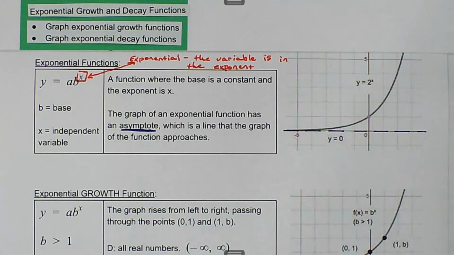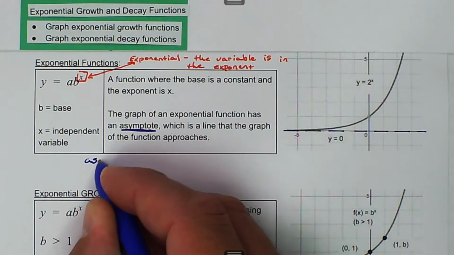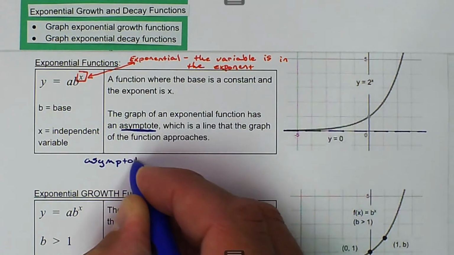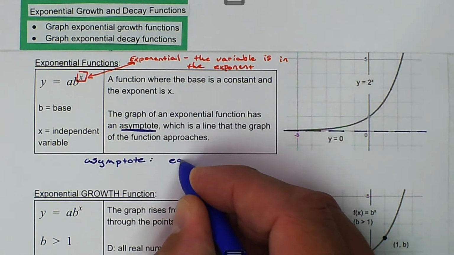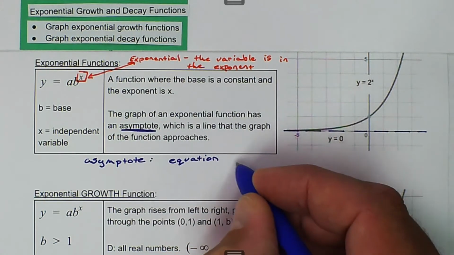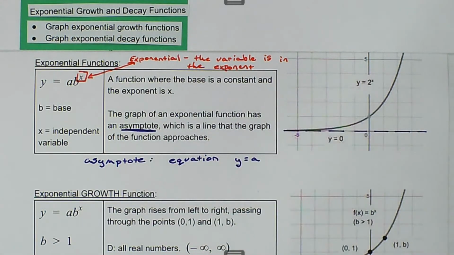So in this case, we're talking about the asymptote. And that is always going to be an equation for this one, where it's going to be y is equal to some a value.